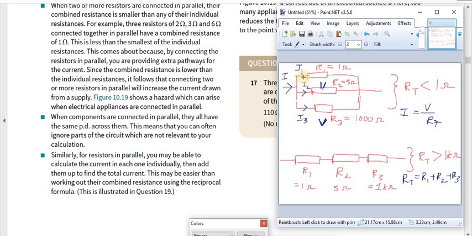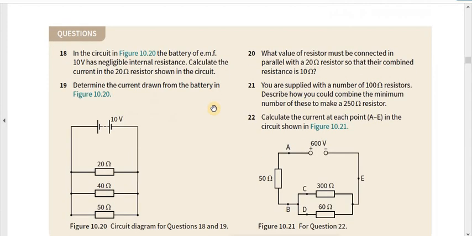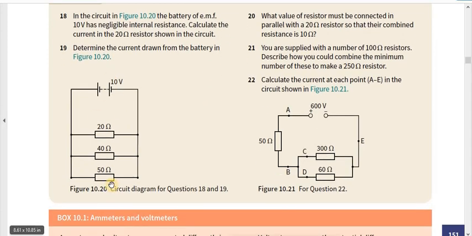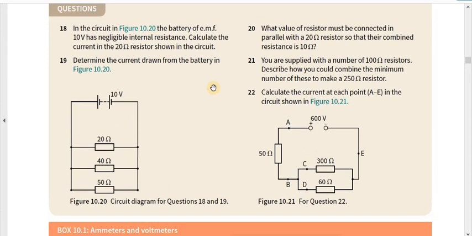In question 19, you can find the individual currents across each resistor and then add them to get the total current. The potential difference across each resistor is the same. Also, you can find the total resistance and then divide the potential difference across these resistors by the total resistance to get the current. So you can do it two ways. Now if you look at question number 19, they have something like that. Then you can try this.